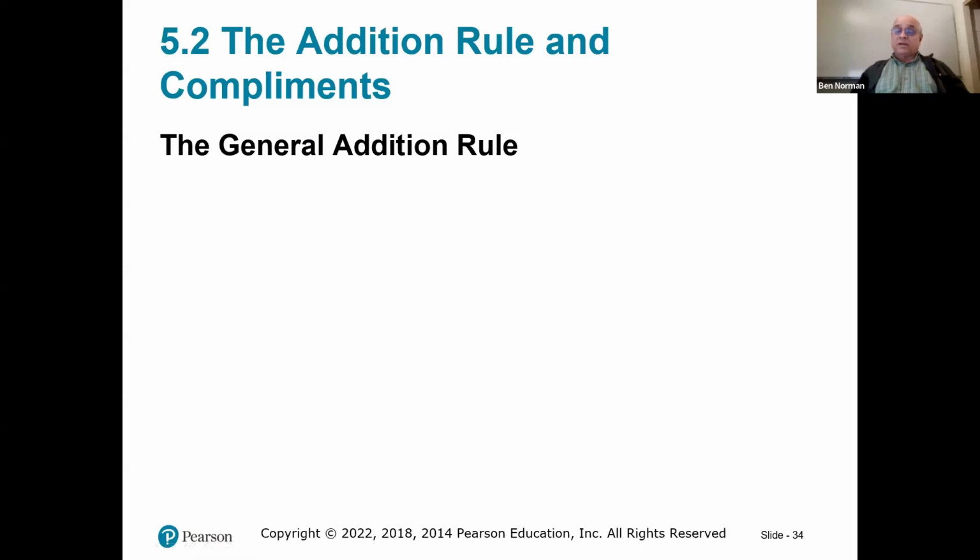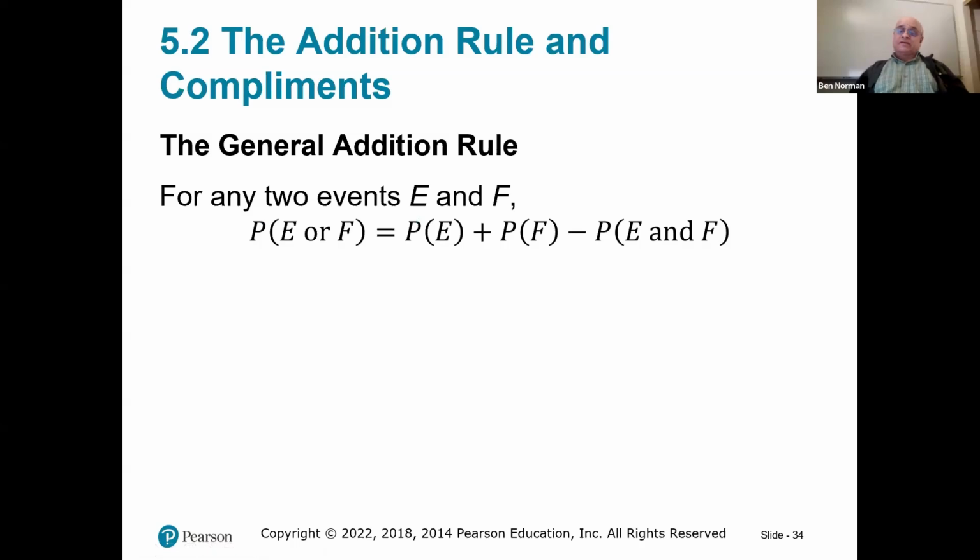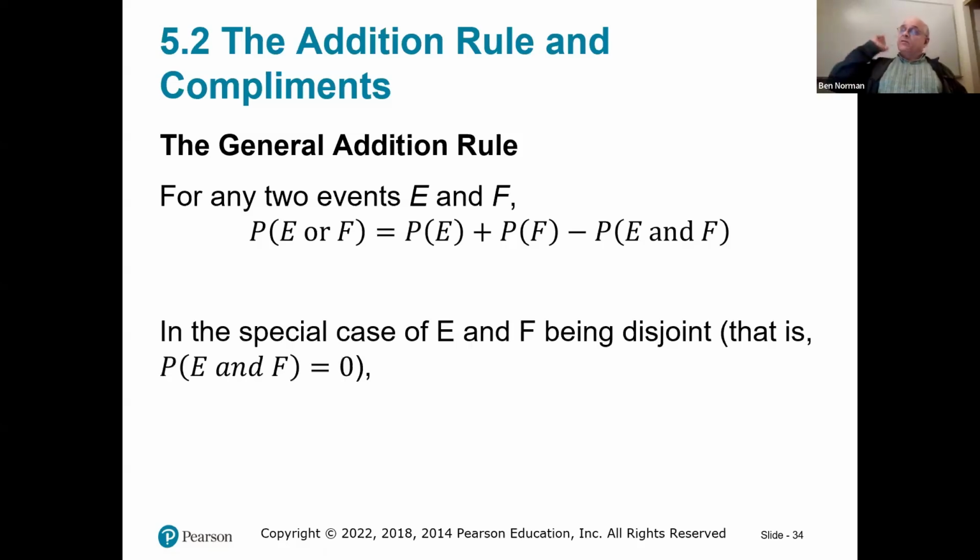Here's the general addition rule. For any two events, the probability of E or F is equal to the probability of E plus the probability of F minus the probability of E and F. In the special case where E and F are disjoint, that means the probability of E and F is 0.